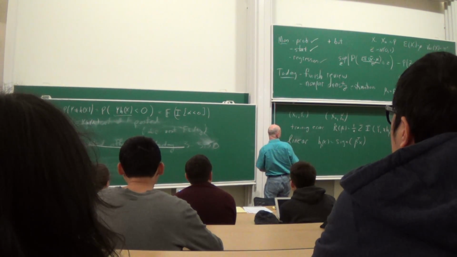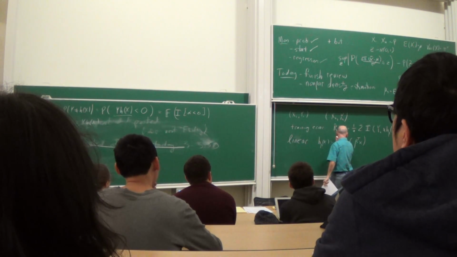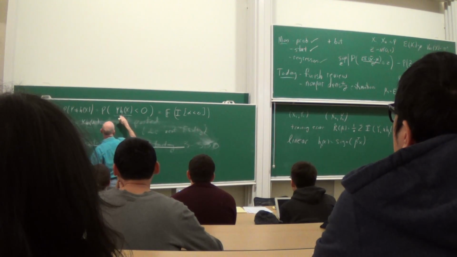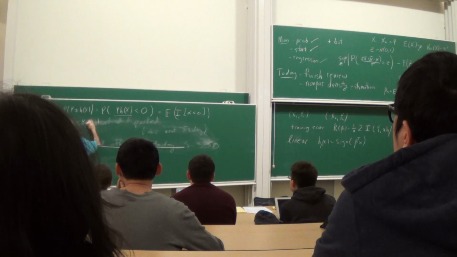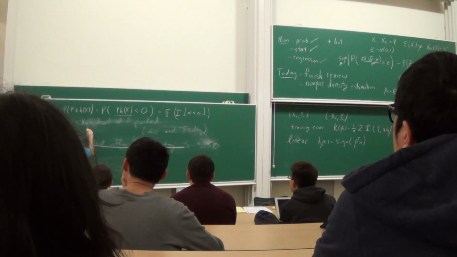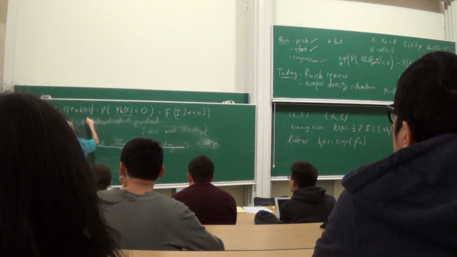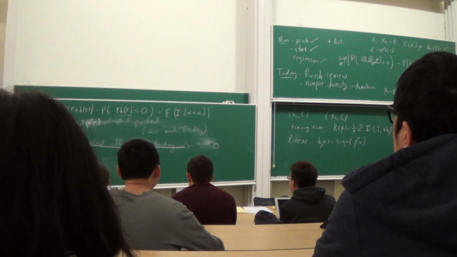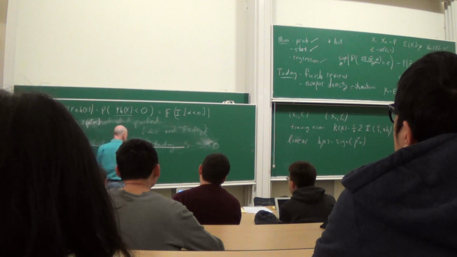Everything I just said is wrong. This should not be h. Let's call it a linear function. It's the sign of this thing that matters. So it looks like this.